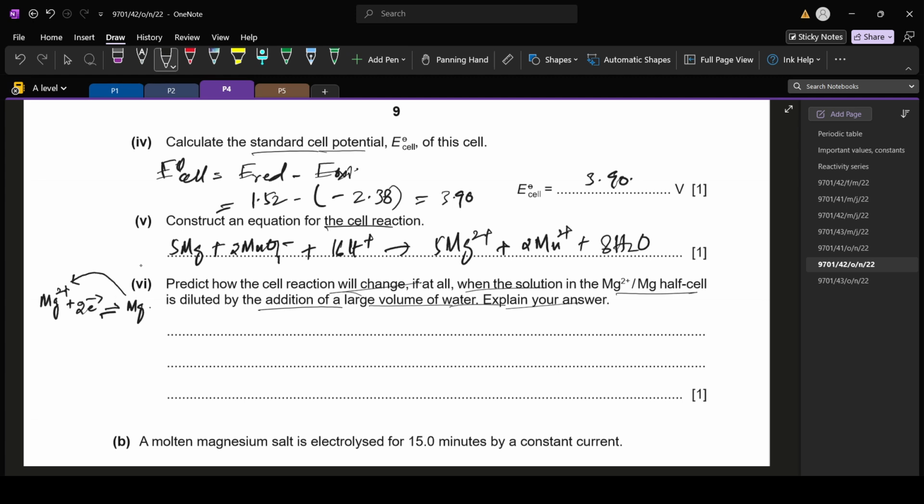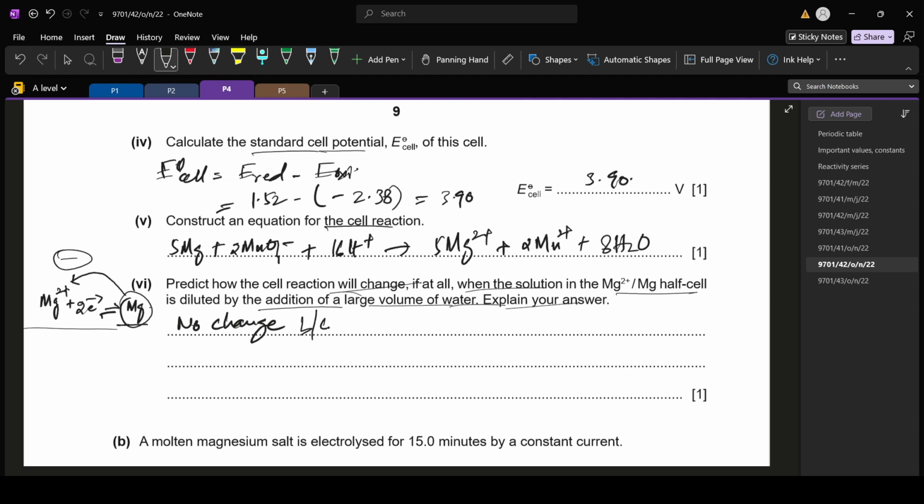This dilution will make this magnesium more soluble, so there will be more oxidation, so this reduction potential will be more negative for this magnesium half cell. So the cell electrode will be more positive. Okay, so no change.